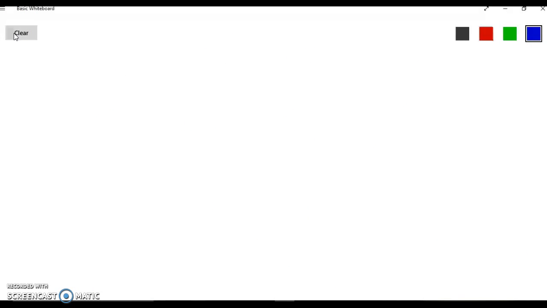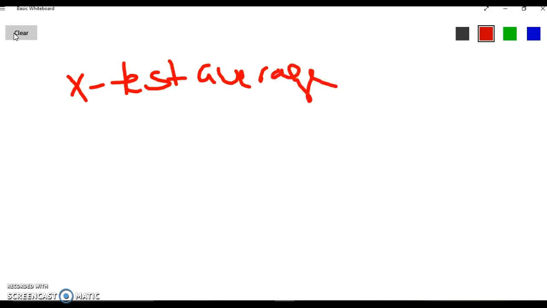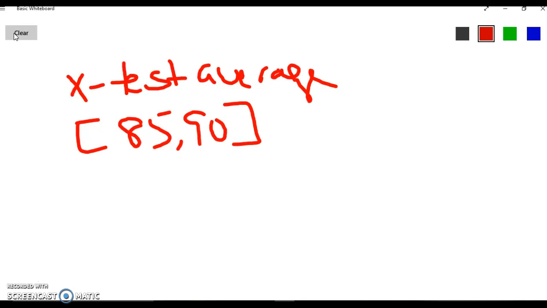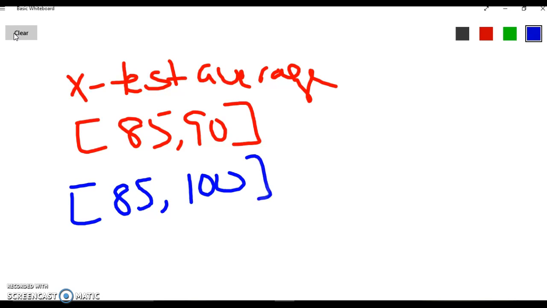So the test average, remember, was between 85 and 90. The actual score that I have to make will have to be between 85 and 100.